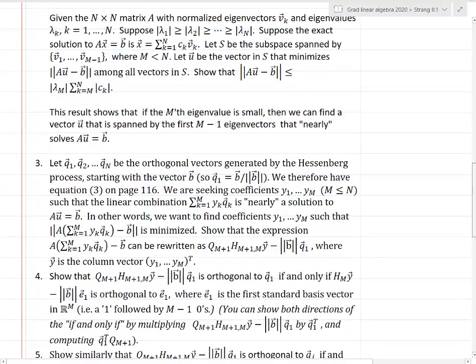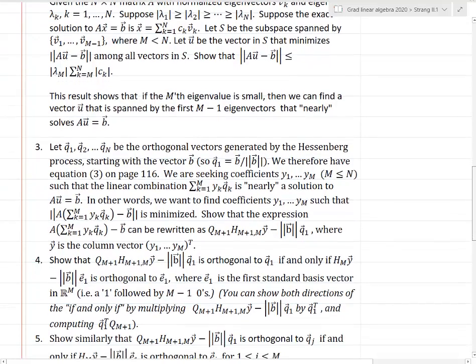And then you should compute what this is. And see how you can get this expression here, H_m y minus b e1, by doing this operation.